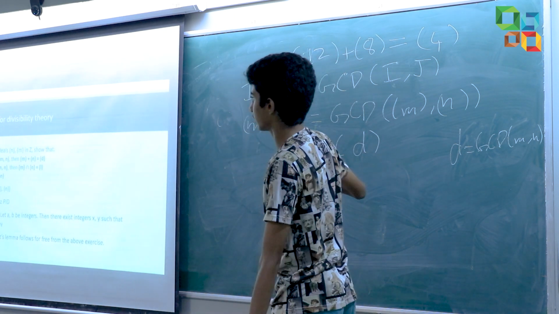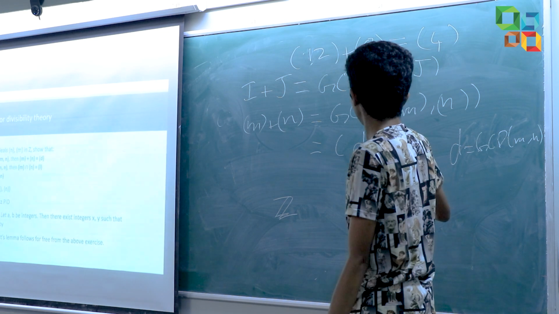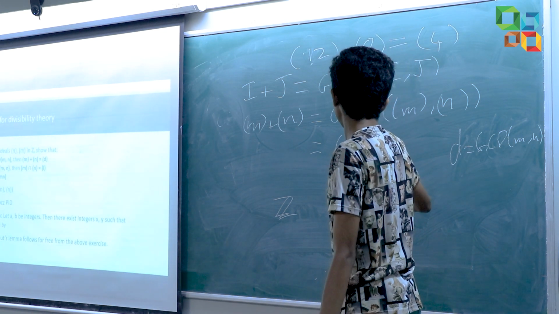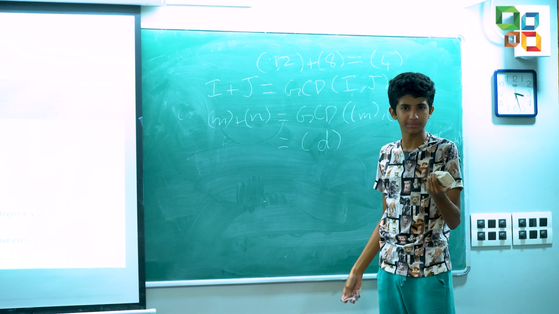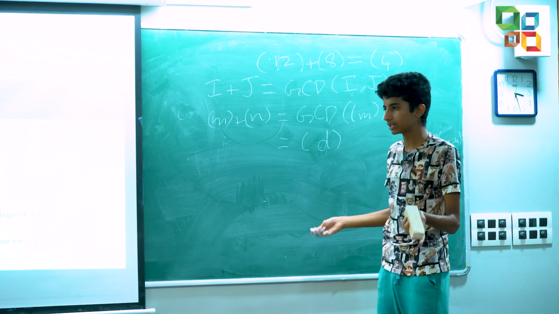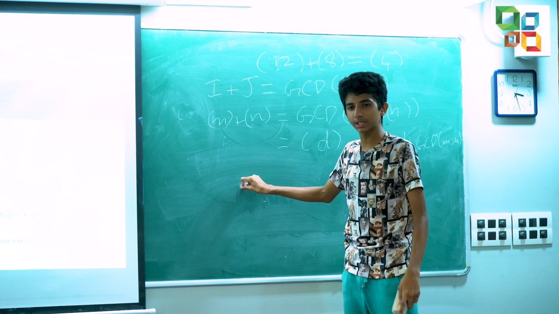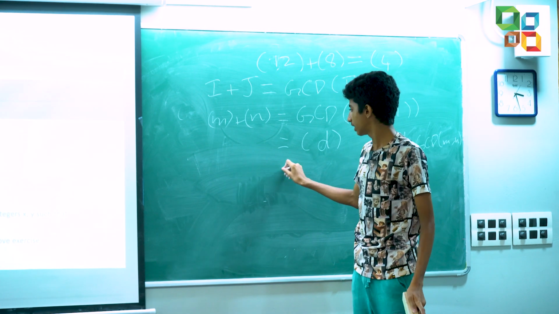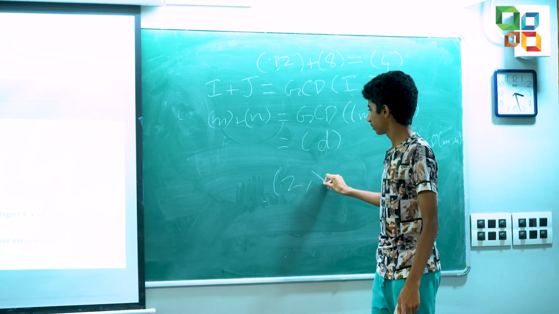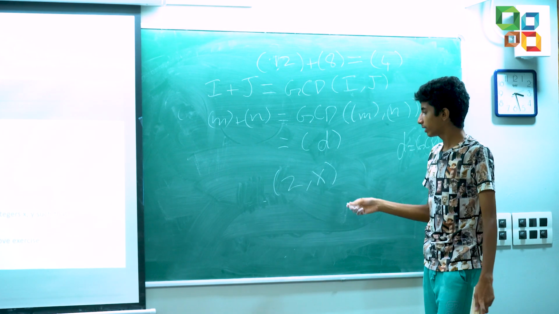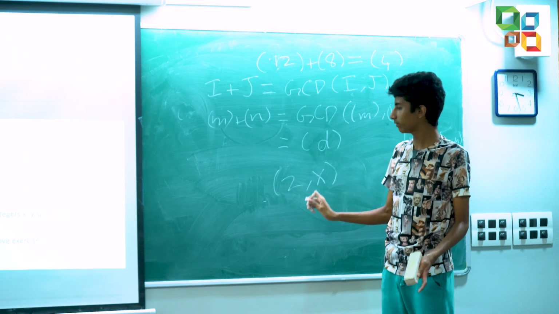Any (M plus N) is equal to D. Yes, Z is a principal ideal domain. Didn't Abhi mention that last time? Principal ideal domain, essentially everything has one generator. Like we saw in polynomials, 2 comma x is a non-principal ideal. But everything in Z can be shown with one element.